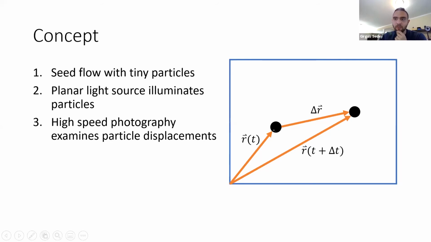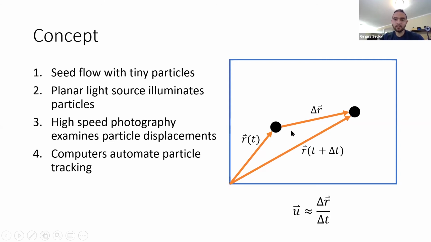You'd have a particle here, and then once the second image is taken, the particle's somewhere over there. If that's the case, you're going to get bad correlations because the particles are not close to each other. So you need high-speed photography so that the particles have moved, but haven't moved too far, so you can get realistic velocities in your correlations.